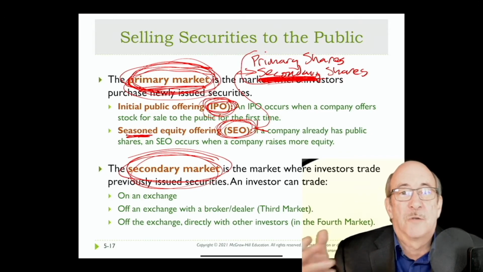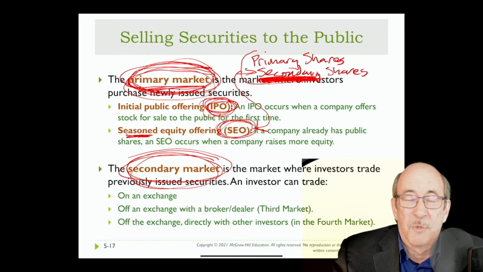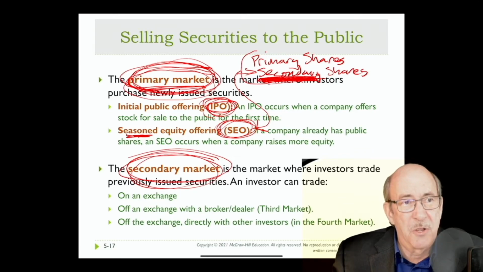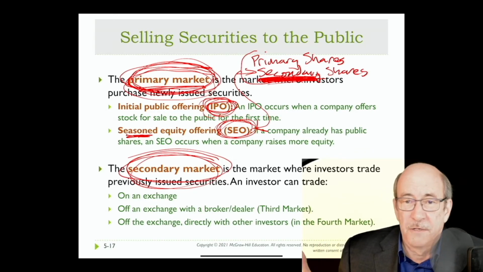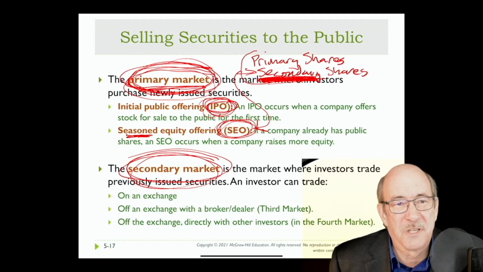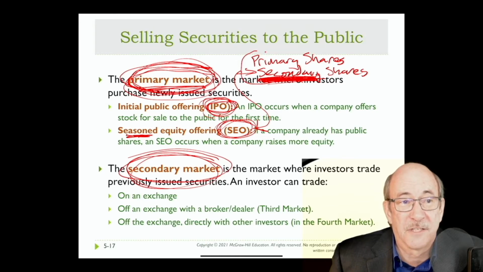Typically, it's a mix of both. Typically, the company wants to raise some additional capital for a new project, and so they say, hey, we're going to do an SEO. And then one of the block holders comes along and says, you know what? I'd like to get rid of half of my position. Would you mind if I threw my secondary shares into that SEO?